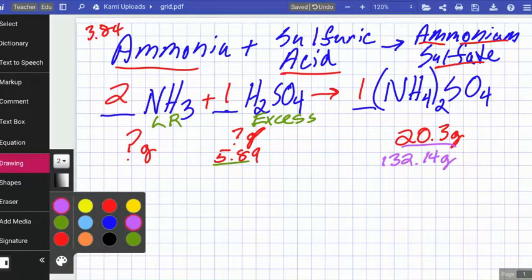The molar mass of our sulfuric acid is 98.079 grams, and the molar mass of my ammonia is 17.031. I'm going to need that because I need to turn that 20.3 into moles, so I'm going to divide that by 132.14, and it tells me the number of moles that I get.